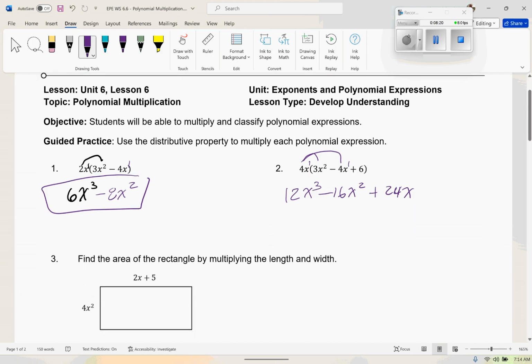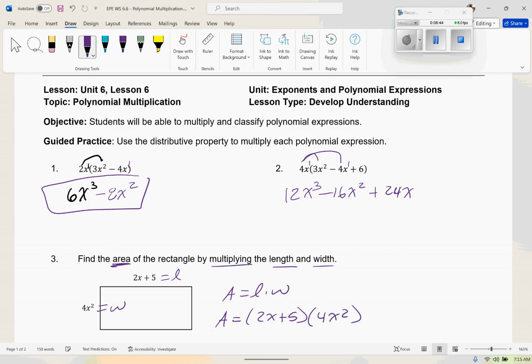Now we have to find the area. This one's an area. It's no longer perimeter. So remember, area, you're going to multiply the length and the width together. So if we call this the length and we call this the width, and actually I find out in geometry, it doesn't matter which one you label. So the area is going to be the length times the width. So the area is going to be 2x plus 5 times 4x squared.